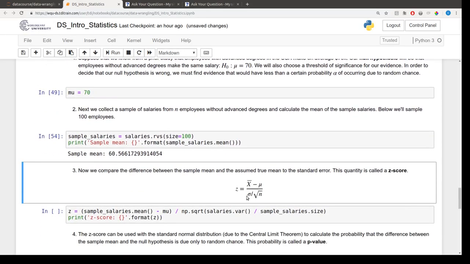So for the moment, there's more to be said here about how we calculate this sigma, the standard deviation of the individual salaries. But for the moment, we're going to simply estimate that sigma from our sample.